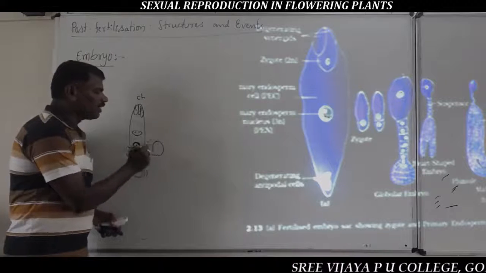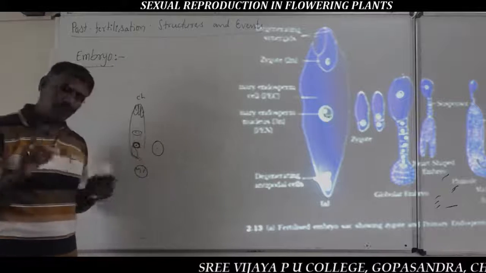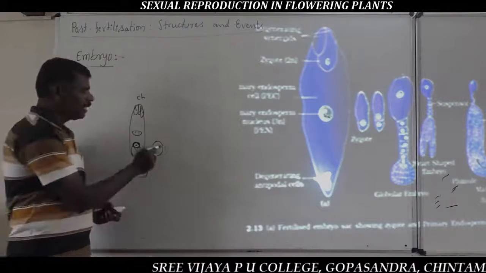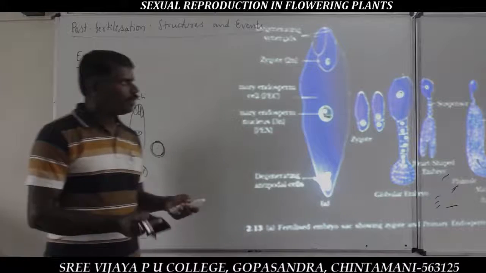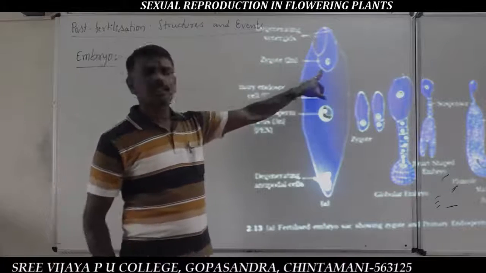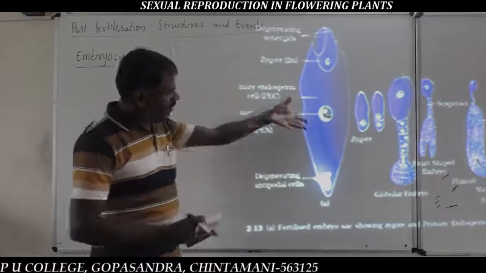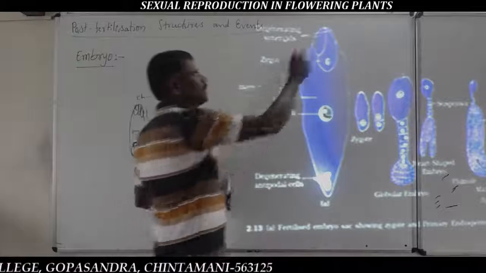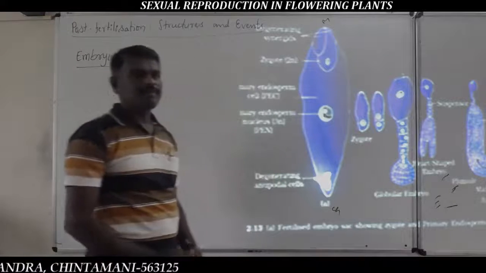The egg cell that is fused with the first male gamete leads to formation of the zygote. You can clearly see the zygote in the diagram. In this diagram it is a little bit inverted, so this is the micropylar end and this is the chalazal end.